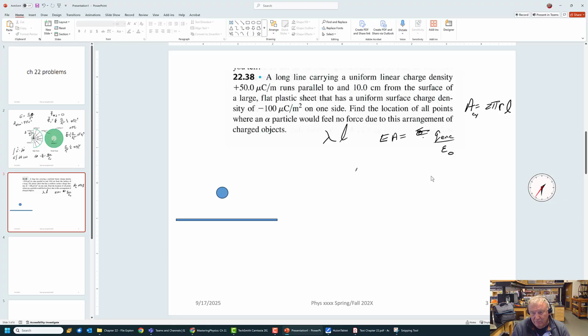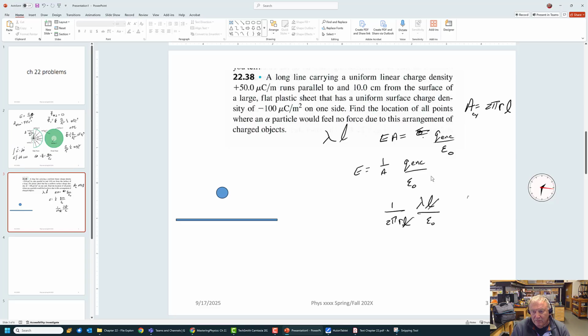And so 1 over A, Q enclosed, yep. And the Q enclosed is the charge per unit length times L. So it's 1 over 2 pi rL, and this is lambda L, and there we go, it cancels out.